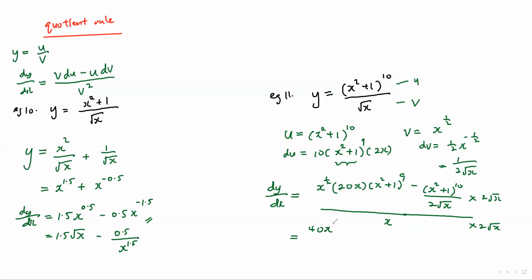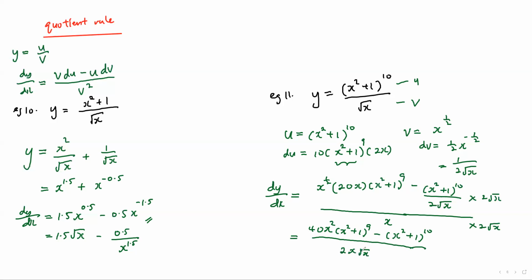So x times 40x is 40x squared. Okay, so this will be 40x squared times x squared plus 1 to the power of 9. 2 root x will cancel out this 2 root x, so this is minus x squared plus 1 to the power of 10. Okay, divided by 2 root x times x, which is 2x root x.